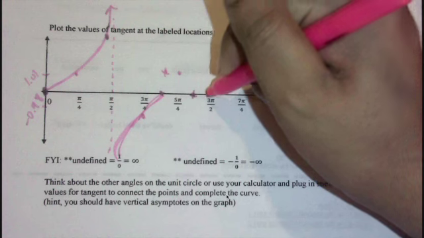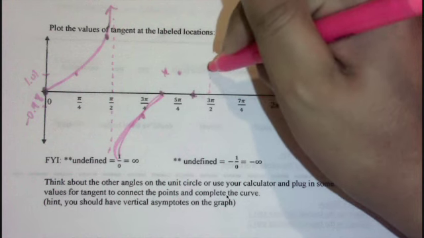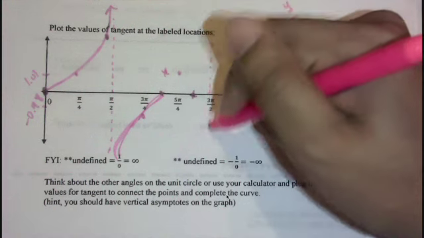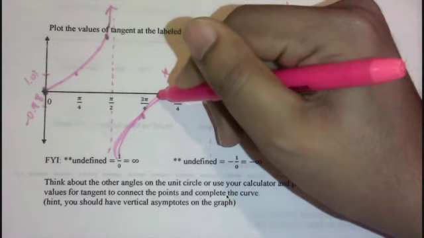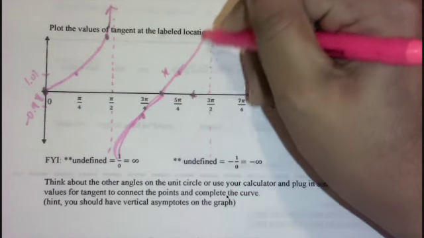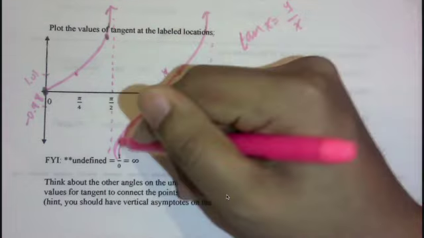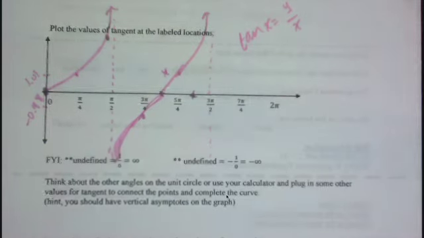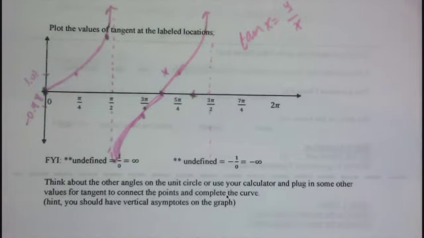So on the graph, the tangent value will look like that. And then it will repeat.